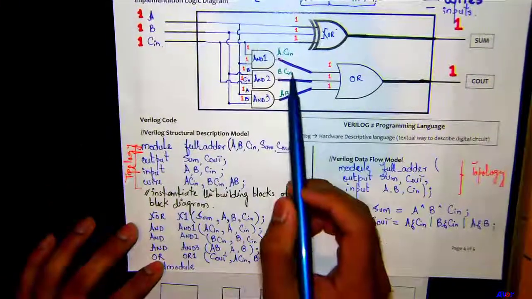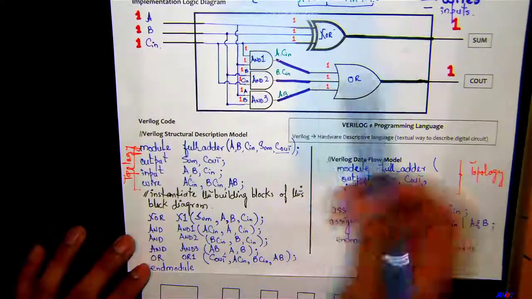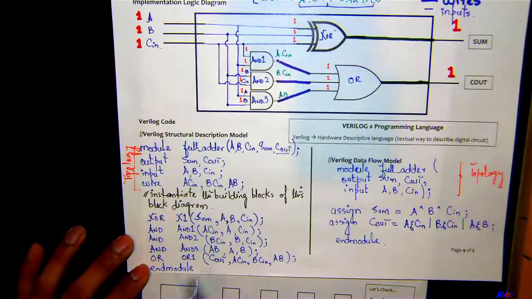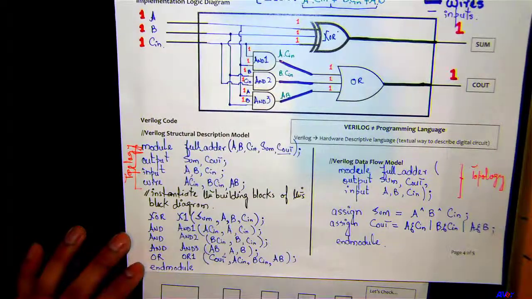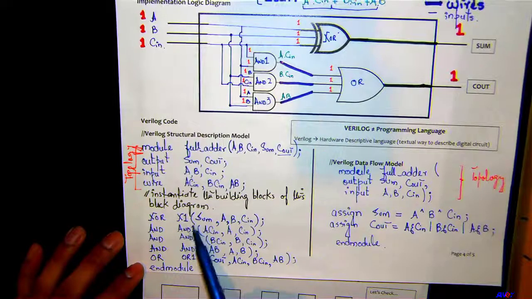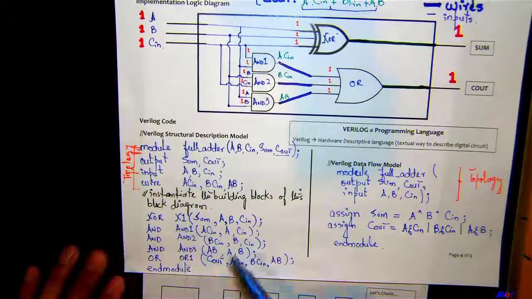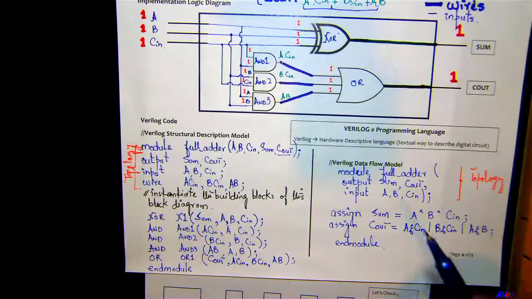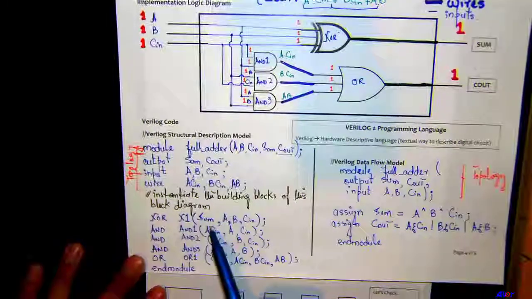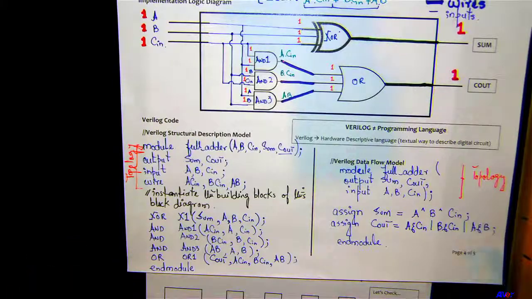So anything in blue here was wires, all the green were outputs, and all the blue right here were inputs. And then we had these commands for different kinds of gates, and the instantiating sequence doesn't matter in structural modeling, followed by the outputs and the inputs in parentheses separated by a comma sign.